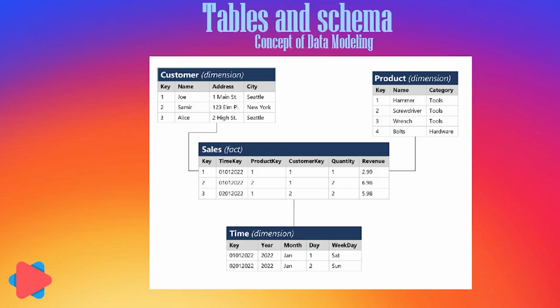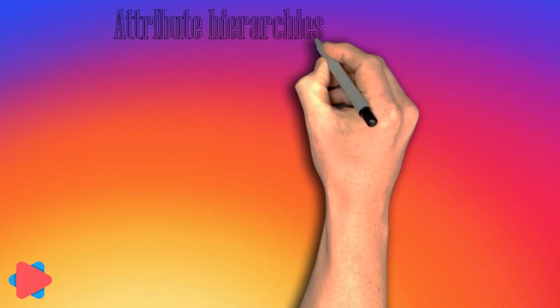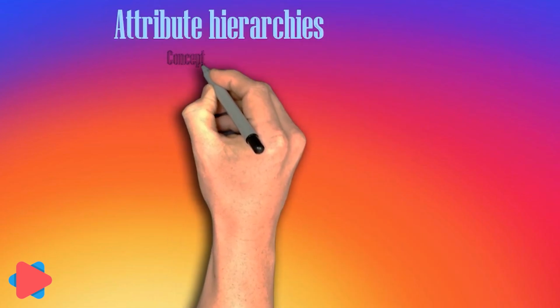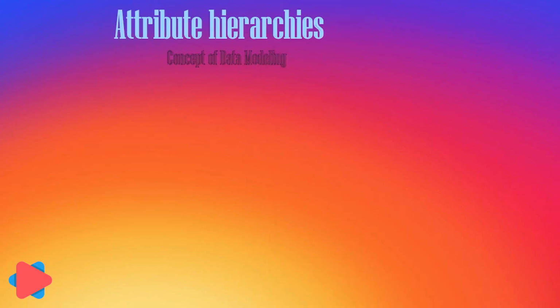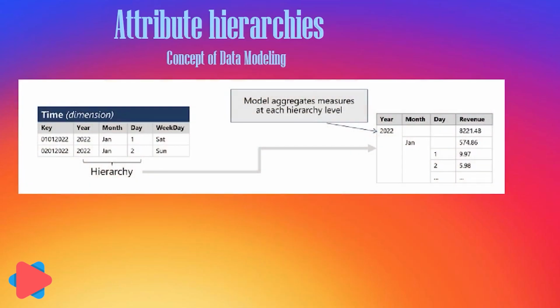One final thing worth considering about analytical models is the creation of attribute hierarchies that enable you to quickly drill up or drill down to find aggregated values at different levels in a hierarchical dimension. For example, consider the attributes in the dimension tables we have discussed so far. In the product table, you can form a hierarchy in which each category might include multiple named products.